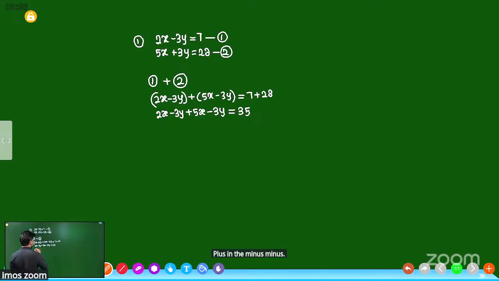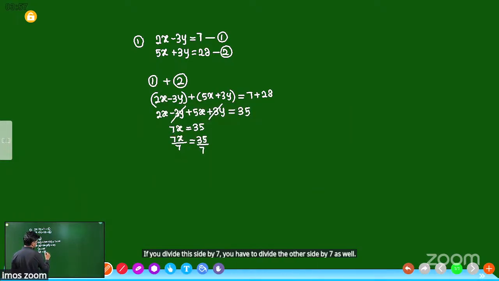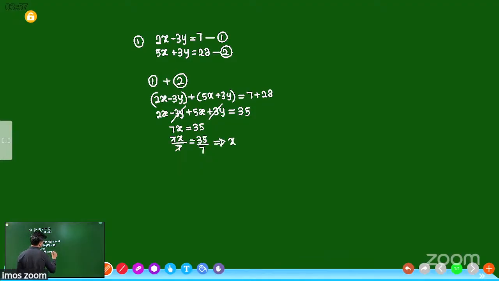Now you can see the 3y disappears. 2x plus 5x it is 7x. 7x is equal to 35. I want to make x the subject, so I divide this side by 7. If you divide this side by 7, you have to divide the other side by 7 as well. So x is equal to 5.